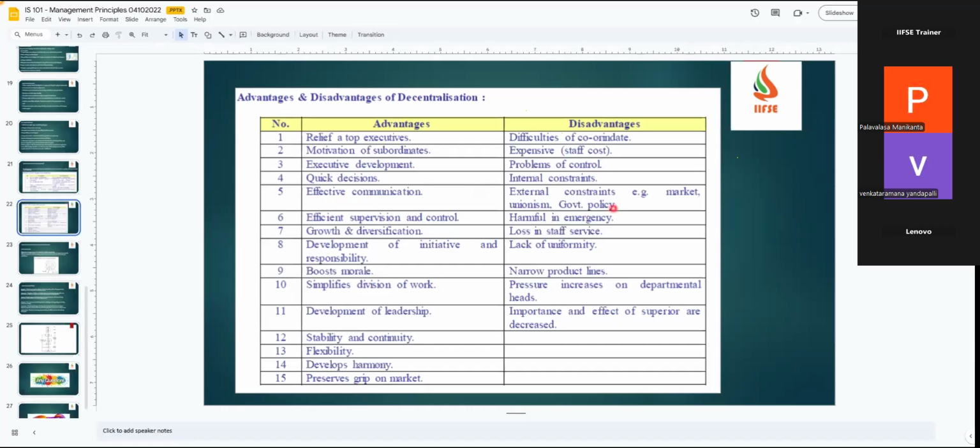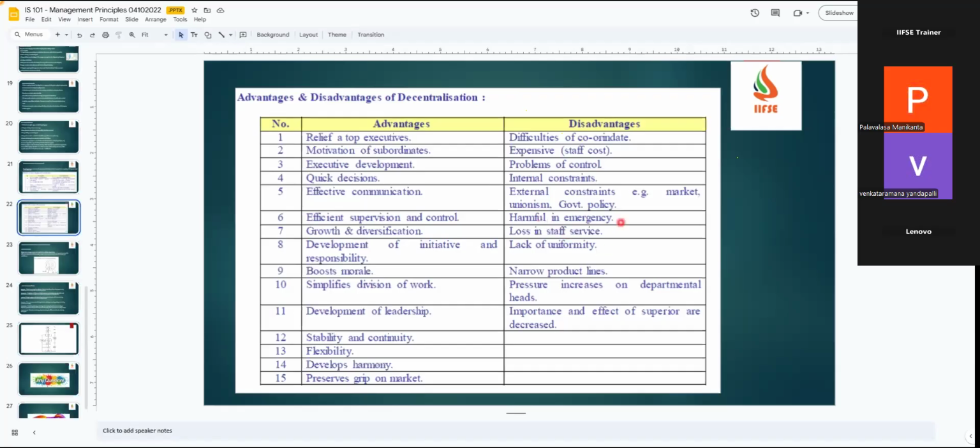So here the advantage is effective communication. External constraints, for example market, unionism or government policies, sometimes make things difficult. Unions, if you give more responsibility to the union or to subordinates, there is a chance of being taken for granted and they will not move things forward.